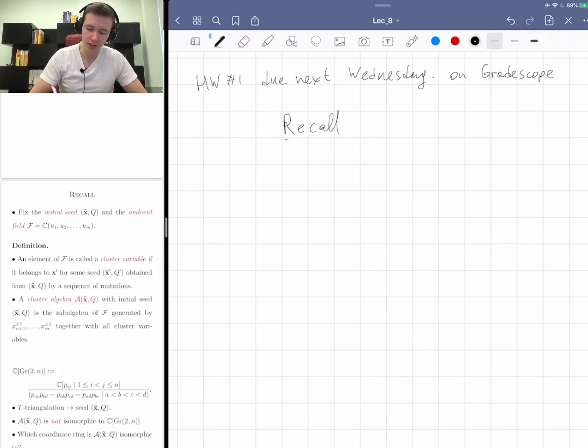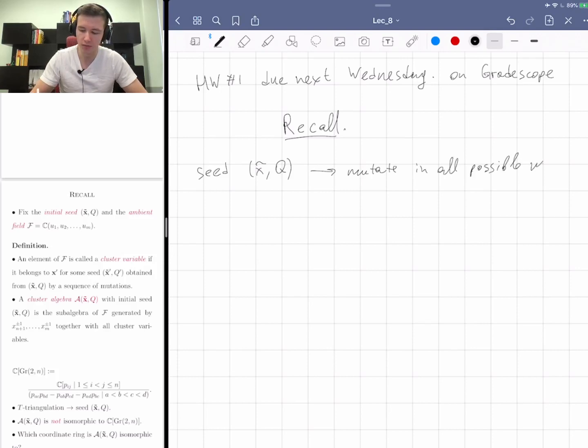Okay, so last time I defined cluster algebras. And the definition was that you'd start with a seed (x tilde, Q), and then you mutate in all possible ways.